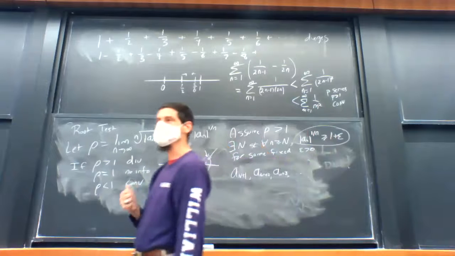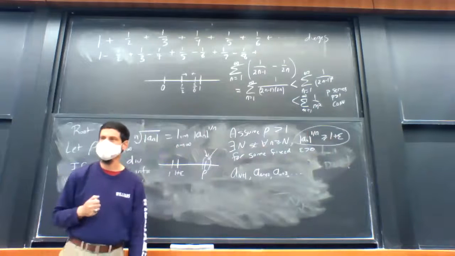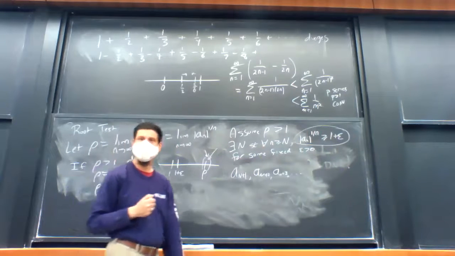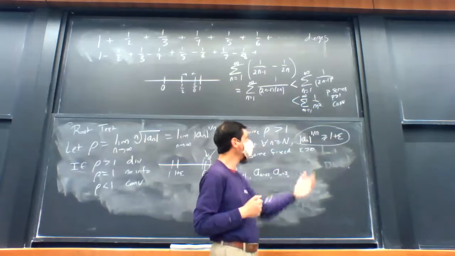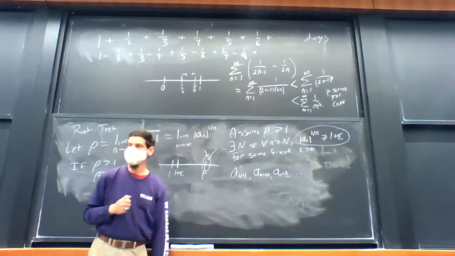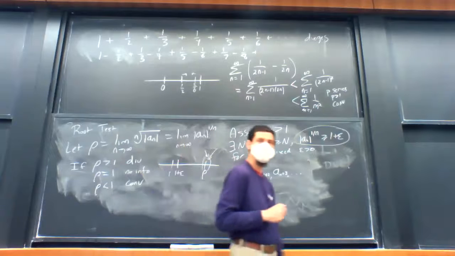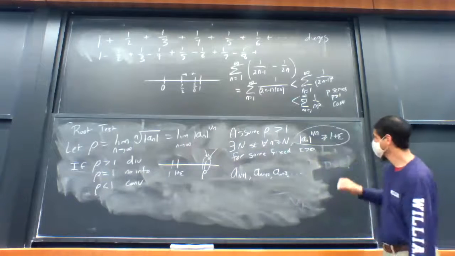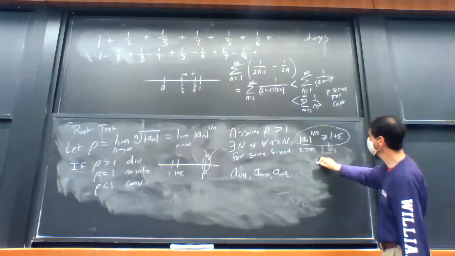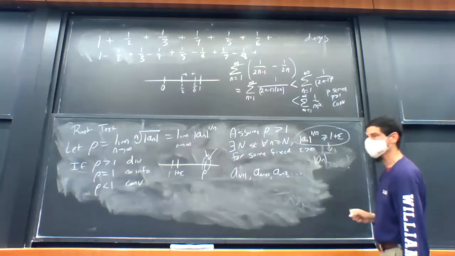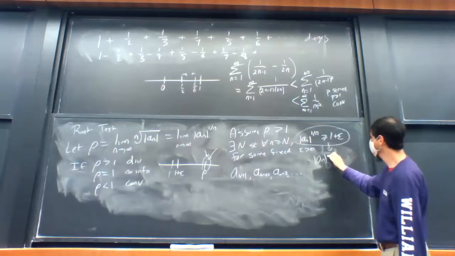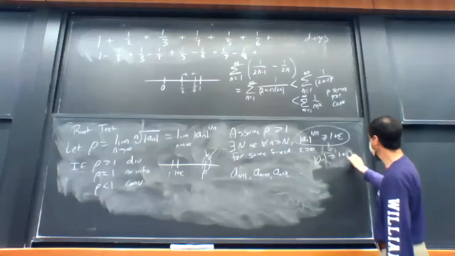If I tell you the cube root of something is 3, what's the number? 27. So if I tell you a_n to the 1 over n is greater than or equal to 1 plus epsilon, what do you know about a_n? It's going to be greater than (1 plus epsilon) to the n.